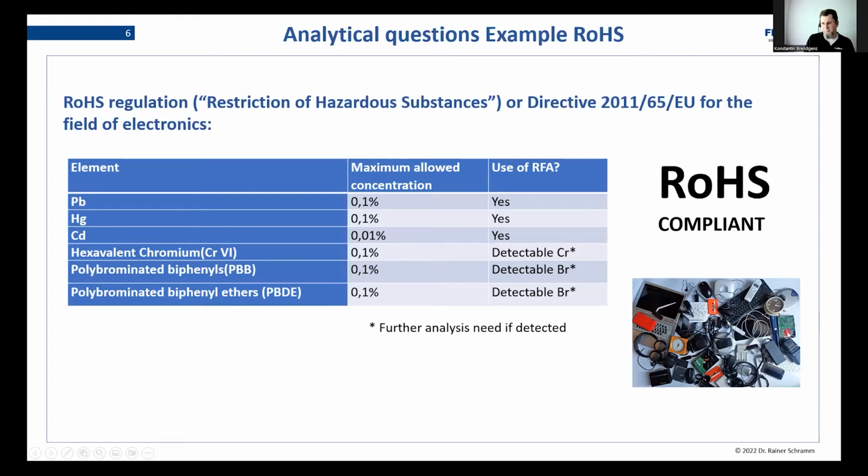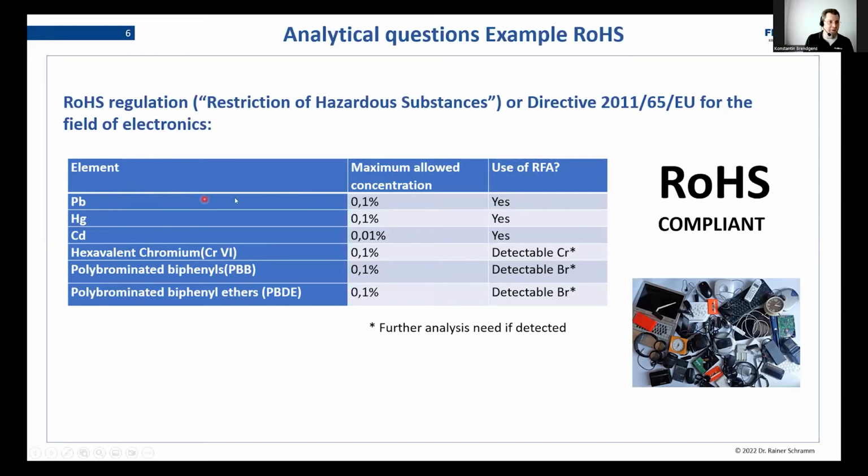So we're talking about the electric boards, but also the soldering filler that is used. So the question is always, how much of these elements are present in my product? And the next question, most interesting for us of course, is can we use the WDXRF to detect and quantify this?